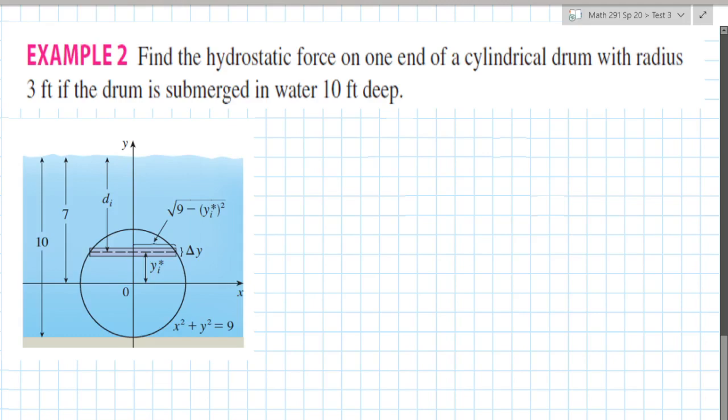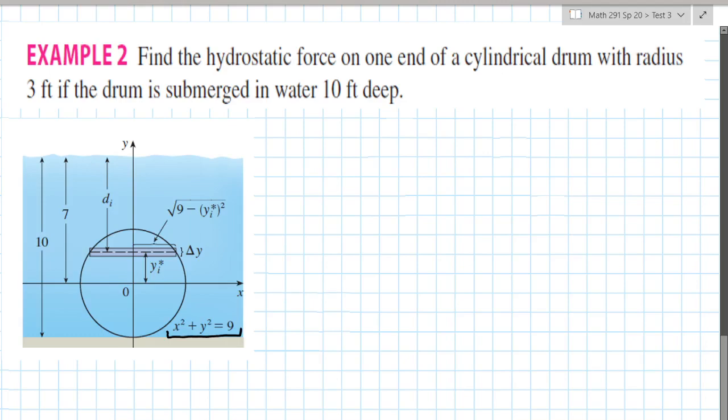Since we're talking about a circle cross section and we're just looking at the force on this cross section, we're going to use the equation of a circle, x squared plus y squared equals r squared, and take the origin to be at the center.